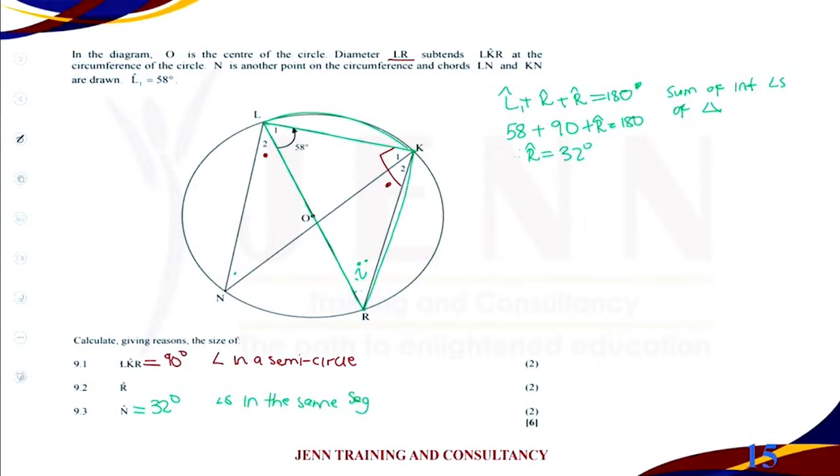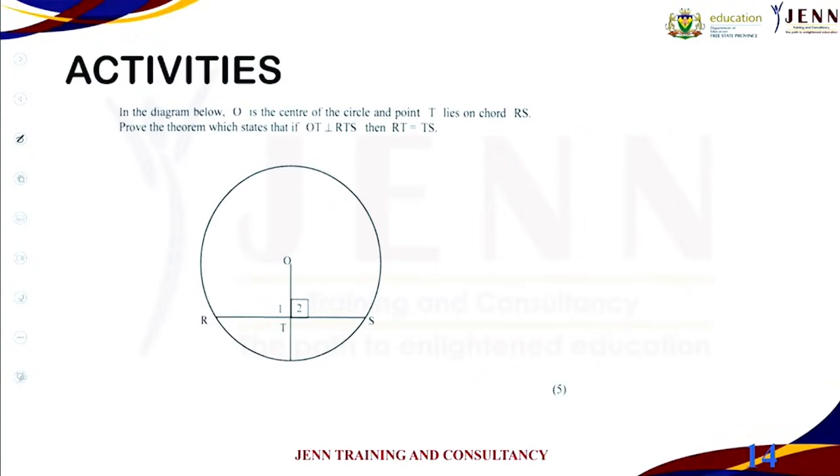Also, let us remember that there are theorems that you will definitely need to know how to prove. I will leave it to your teacher to assist you with such theorems.